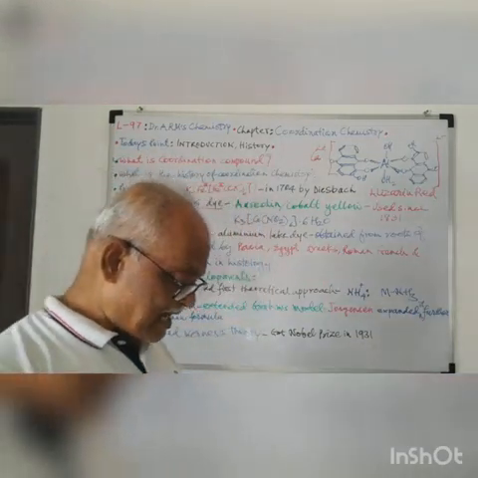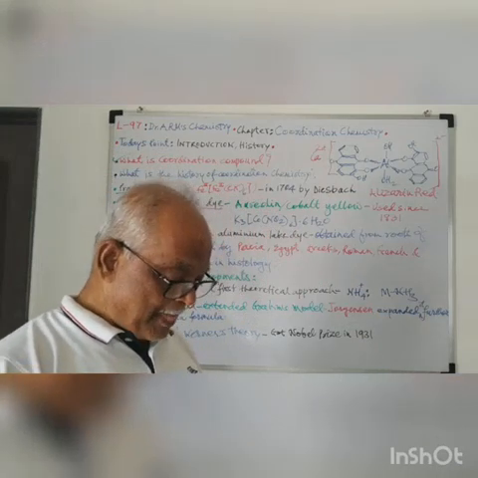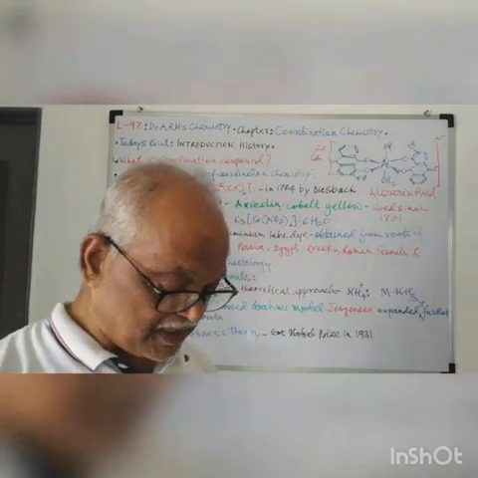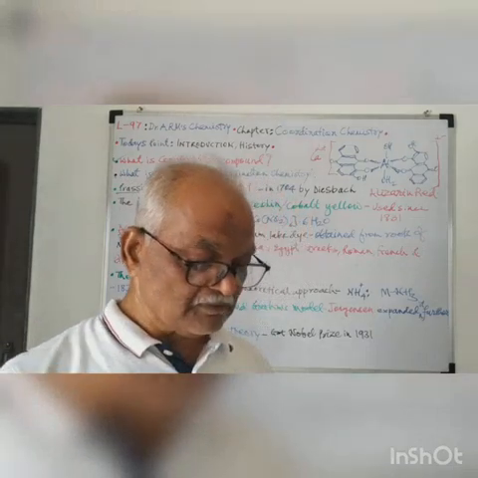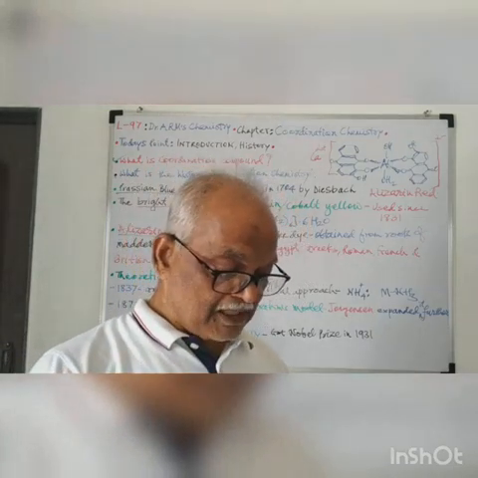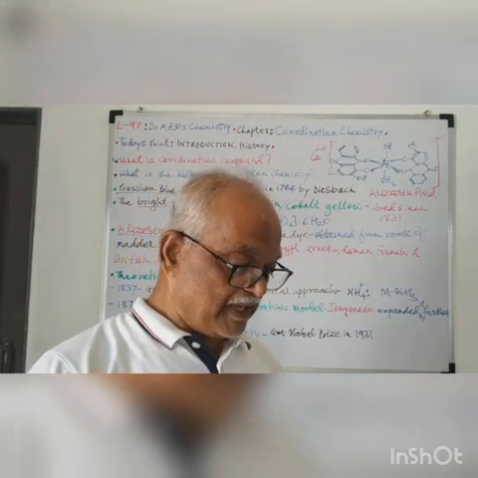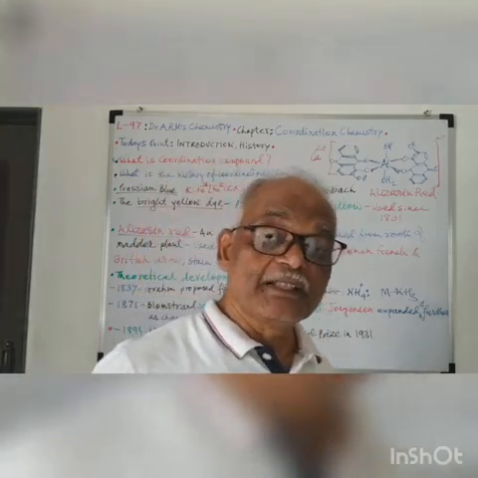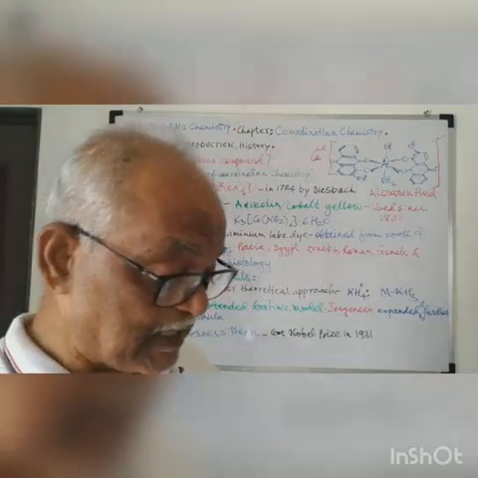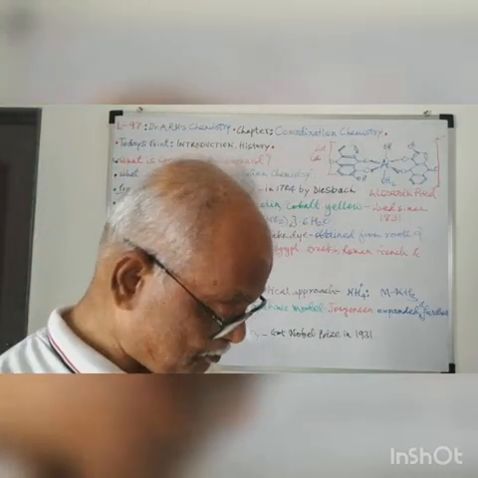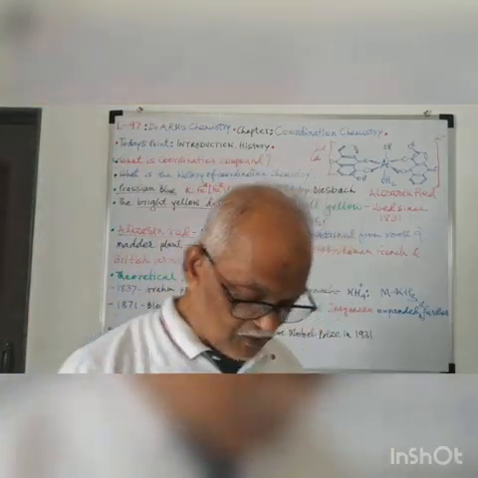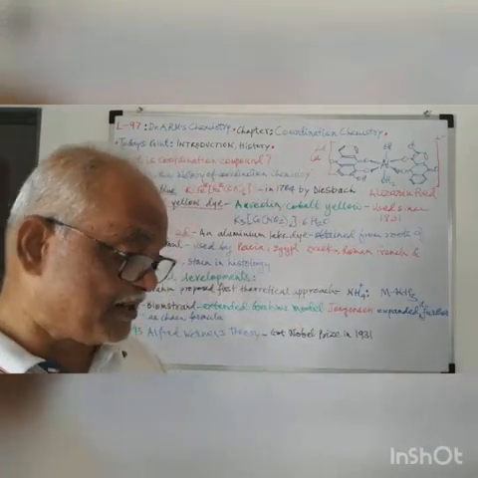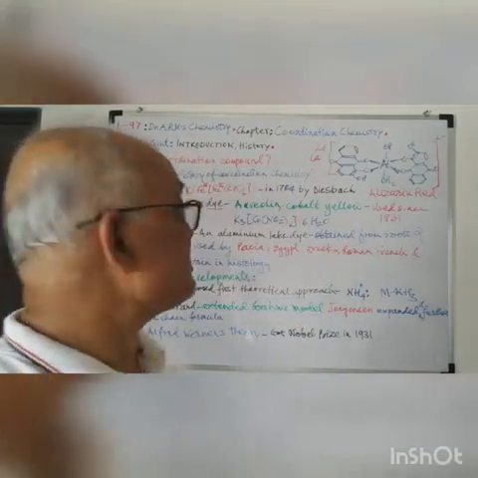So this alizarin ring is used in various areas, where it was also used for biological purposes as a stain. Then we will see what is the difference between coordination compound and other species.